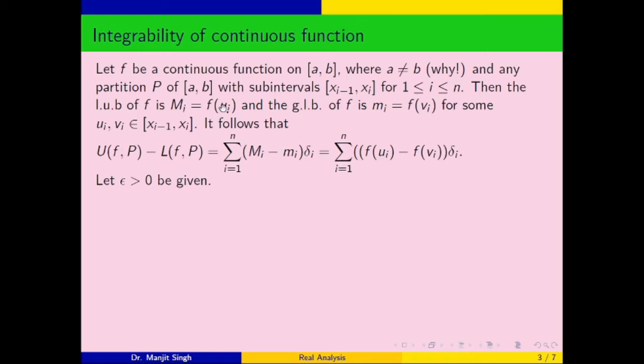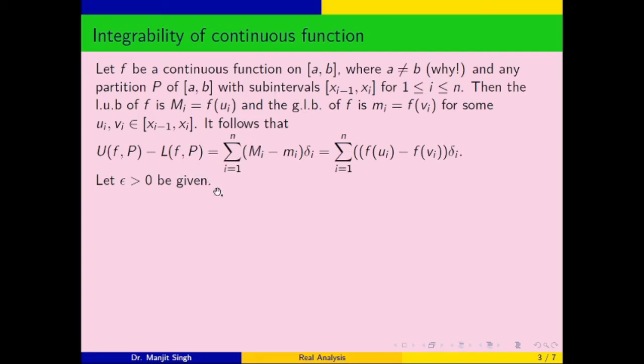We wish to show this is less than epsilon, however small, where epsilon is greater than 0, a given real number. So for proving integrability, we will prove this is less than epsilon. Let's see how we do that.